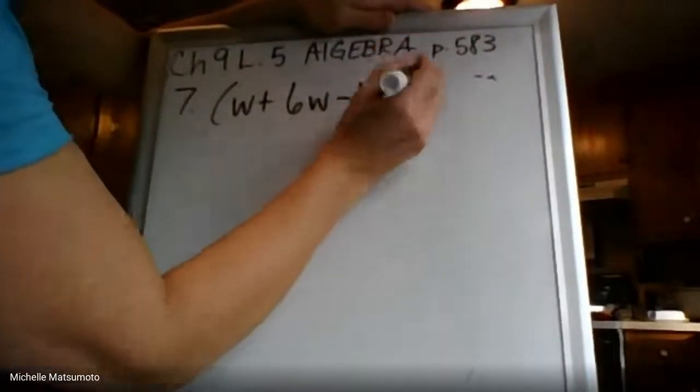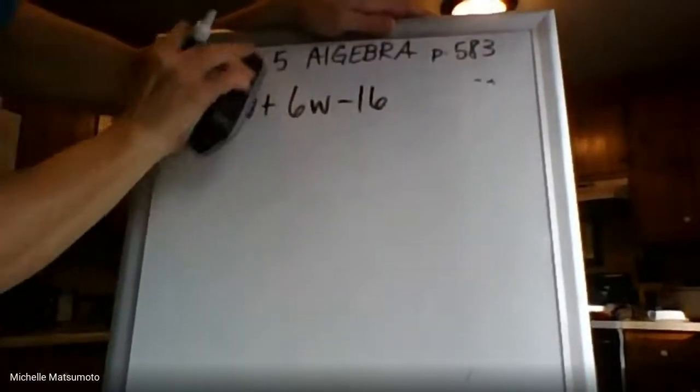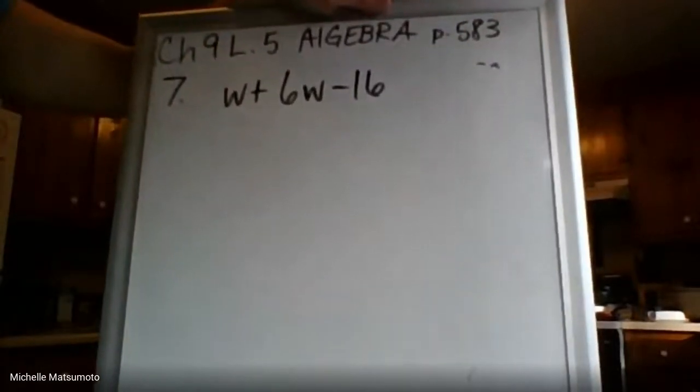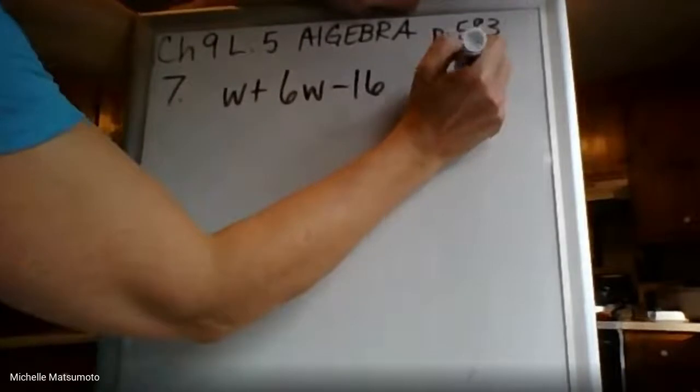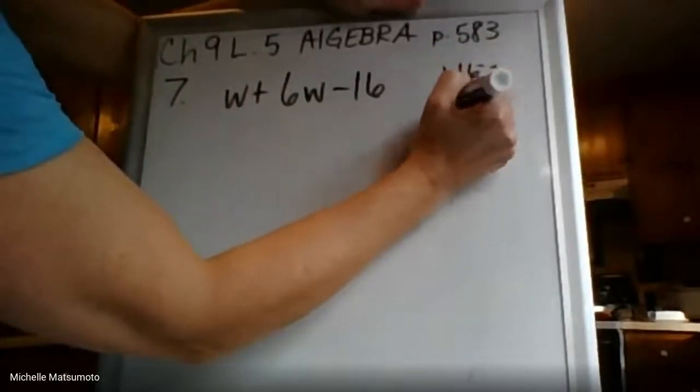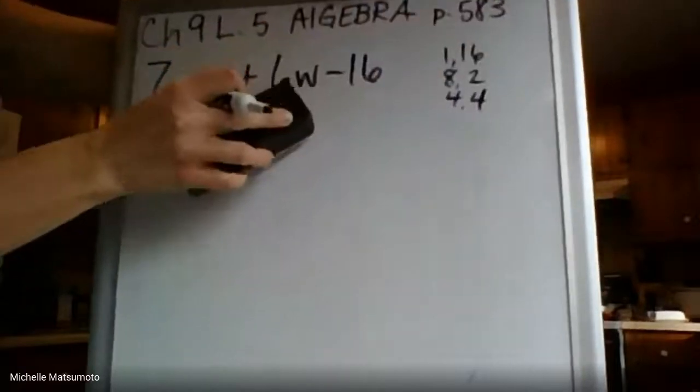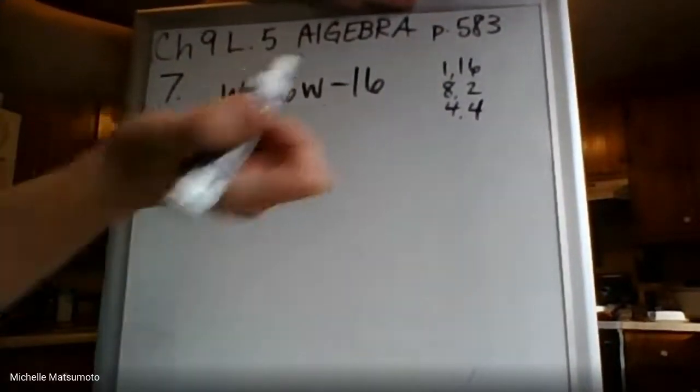Okay, so w squared plus 6w minus 16. Factors of 16 are 1 and 16, 8 and 2, and 4 and 4. So what set of numbers will give me 6?